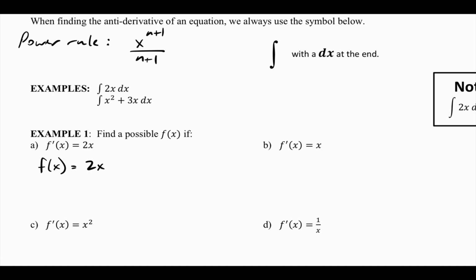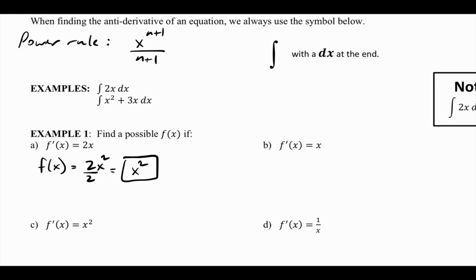Let's give it a bigger power, so we add a power, and then we have to divide by that new power. Whatever the power became, we divide by. So that just becomes x squared. The antiderivative of 2x is x squared. The derivative of x squared is 2x. You're just going in the opposite direction. Okay?